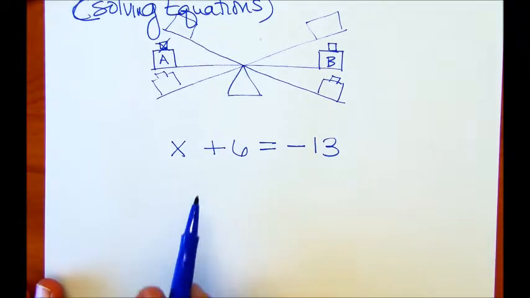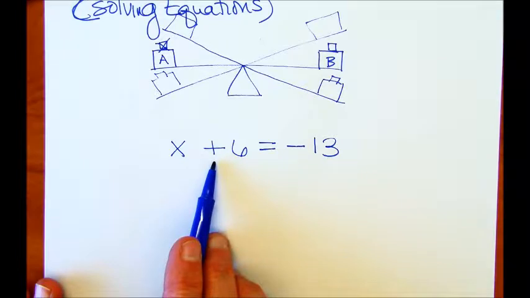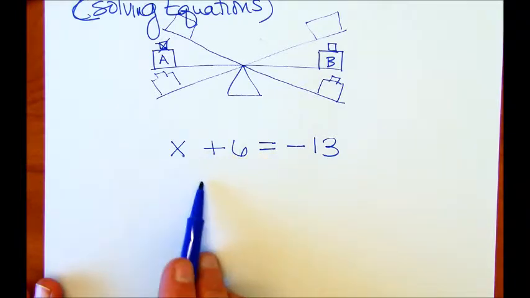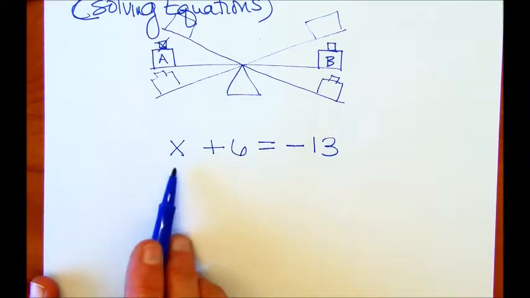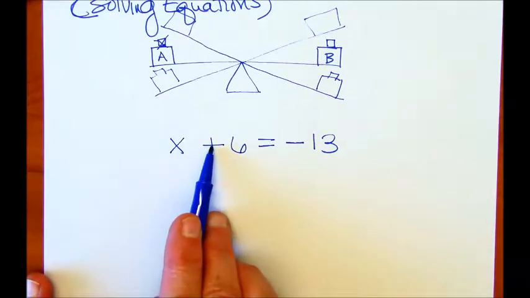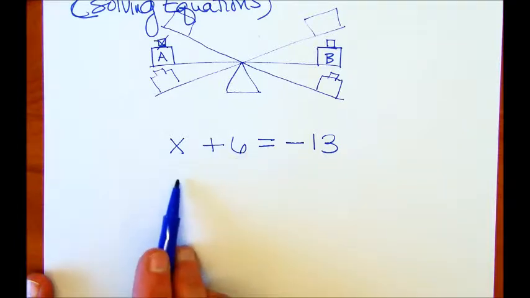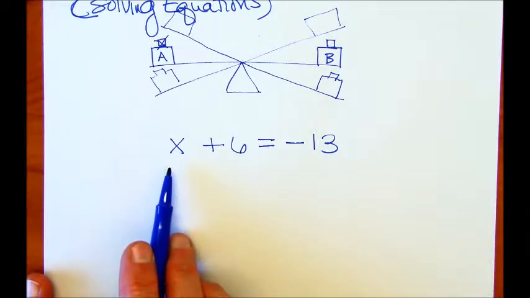So let's think about how we can eliminate this positive 6 instead of just rewriting it and moving it over here. What we want to do is have x by itself. If we add the opposite of positive 6, we would get x plus 0, and hopefully you know that x plus 0 is really the same thing as x.